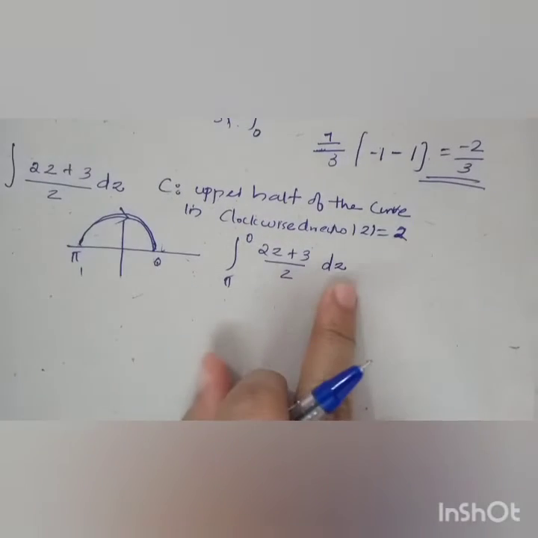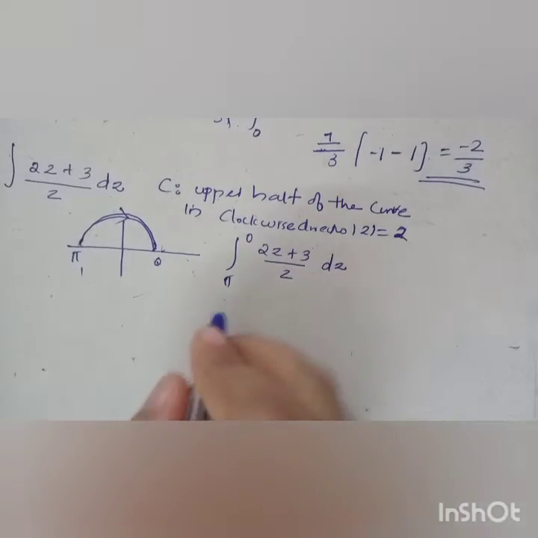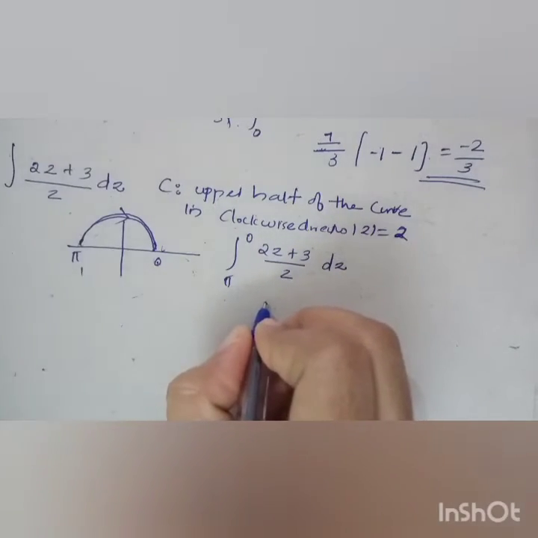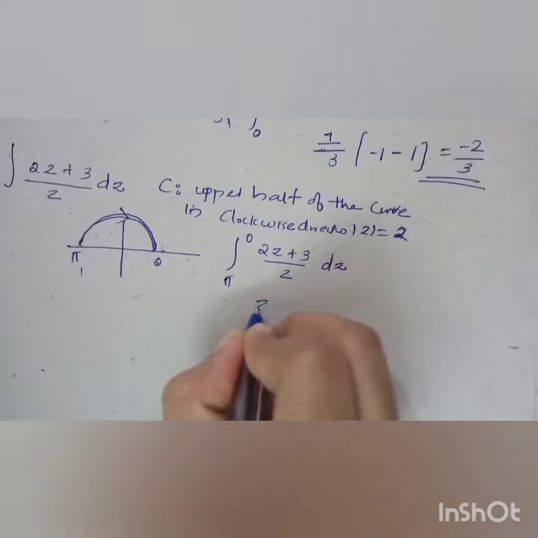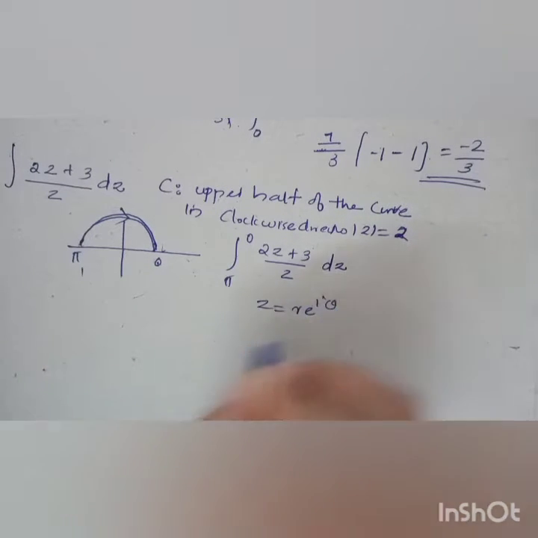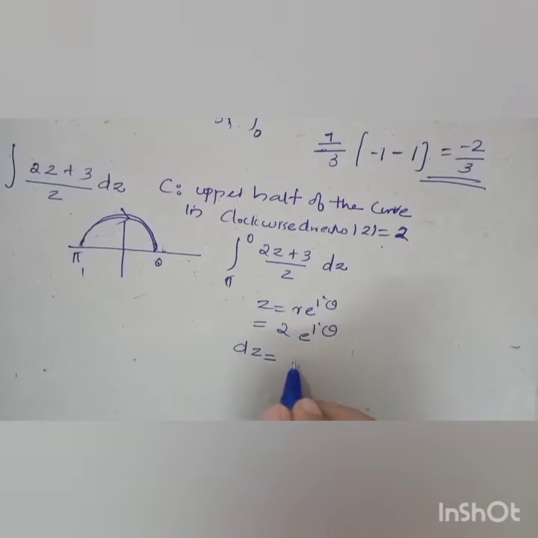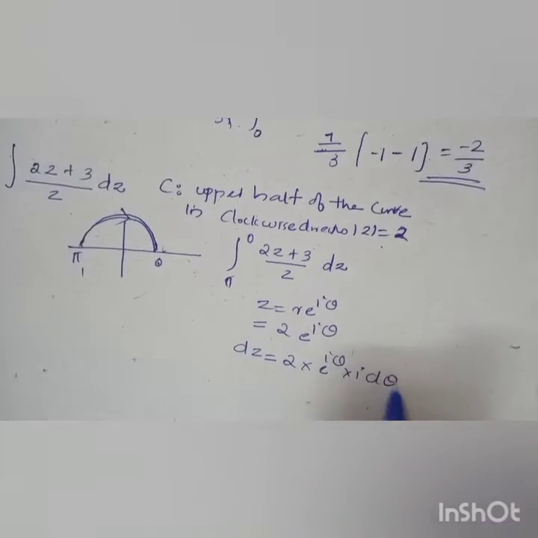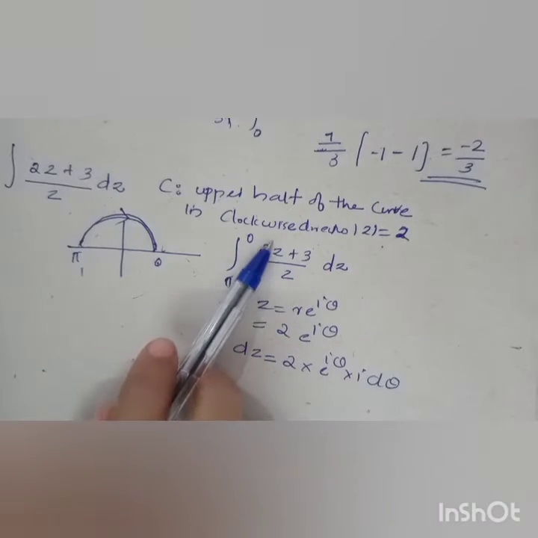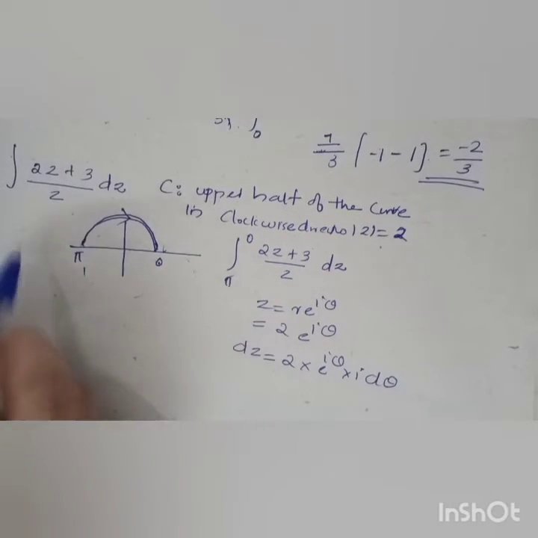So we have to substitute z is equal to r e raised to I theta, where r is 2 now. So z is equal to 2 e raised to I theta, dz is equal to 2 e raised to I theta into I d theta. And we have to substitute z in this expression.